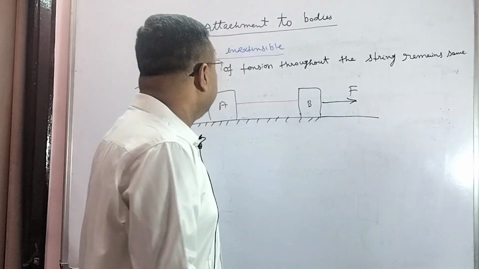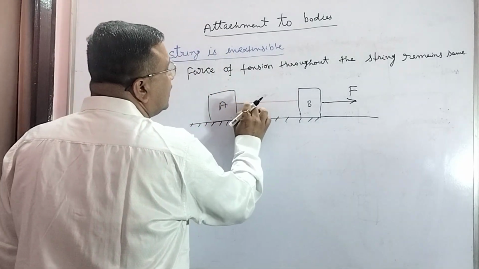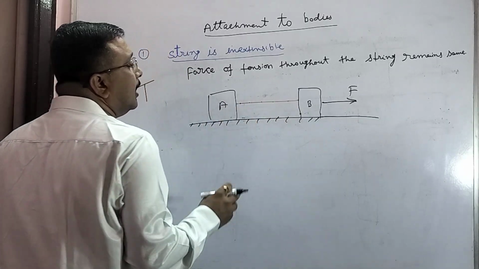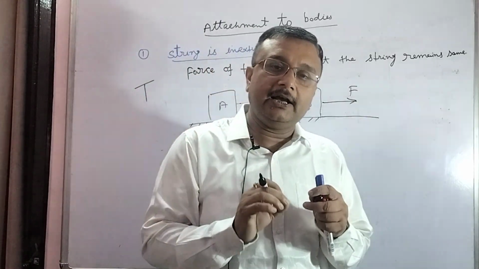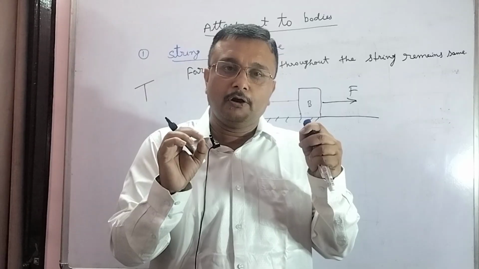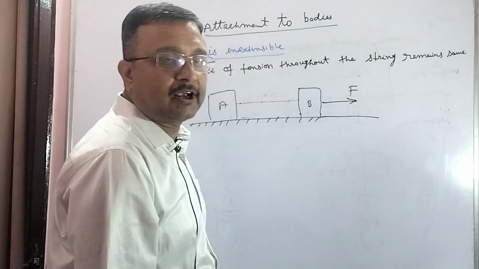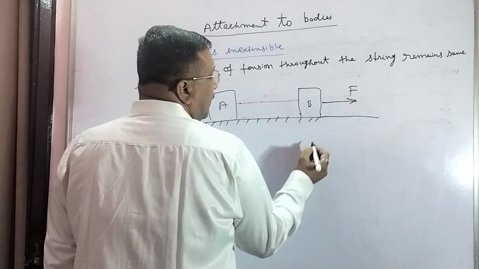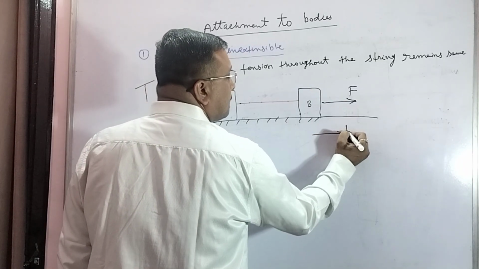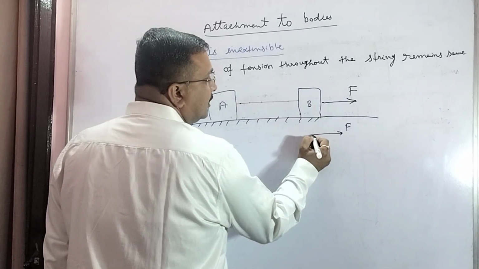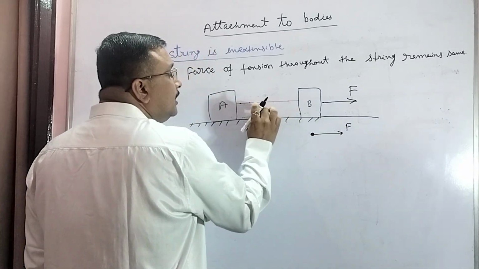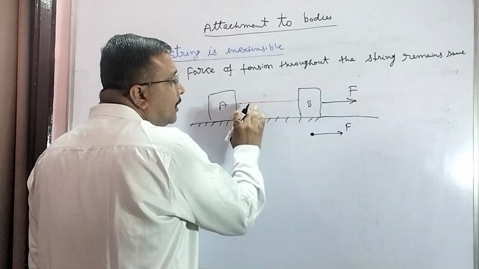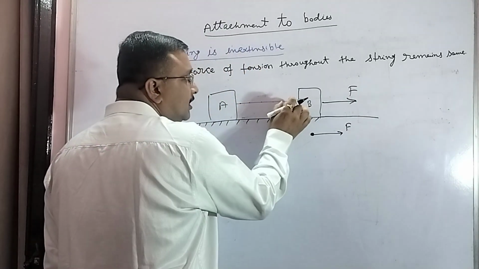Whatever be the value, if tension is 10 Newton here, at each and every point, doesn't matter we are talking about this point, this point, or this point, धागा के स्ट्रिंग के किसी भी पॉइंट पे उस टेंशन का वैल्यू सेम रहने वाला है. करेक्ट? तो what happens, अगर हम B की बात करेंगे तो B पे एक फोर्स इधर F काम कर रहा है. करेक्ट? यहां मेरा B है, तो this string will apply the force of tension because it is connected through a string.